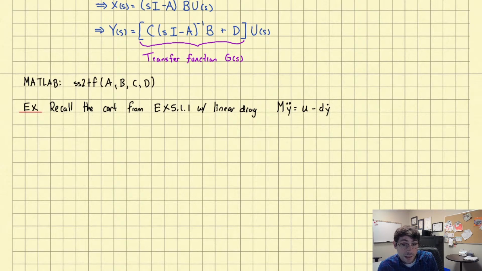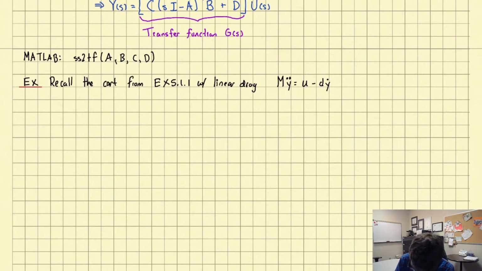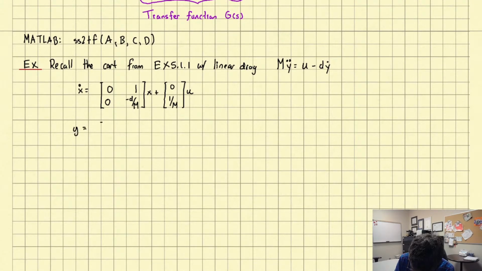In that example, we found a state space model for this system, so let's recall what it was. As usual with our mechanical systems, we took position and velocity as our states, and we had the following. Okay, that was the state space model. And the output equation: the output was the position of the cart, so it was just the first state.